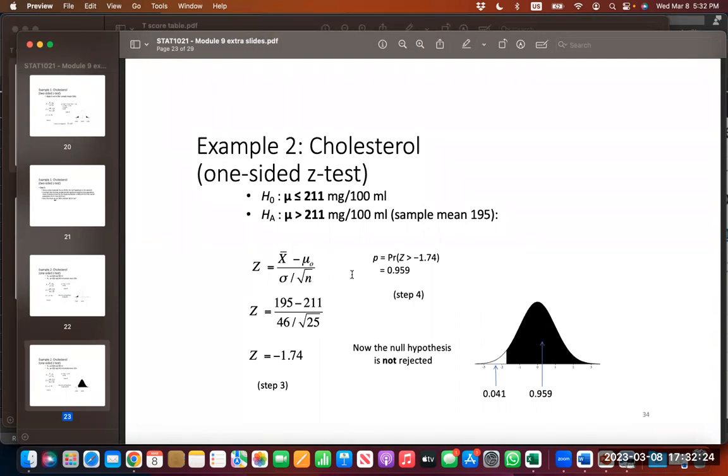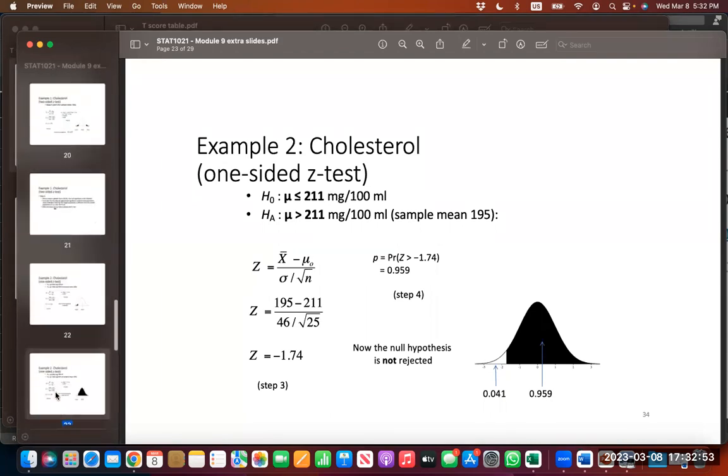So that's the directional test. And the research hypothesis is that it's greater than that value. If you're hypothesizing under the alternative hypothesis that it's greater, you're interested in everything above that. So this area under the curve above your calculated t is basically giving you the probability of this being significantly different under the research hypothesis.